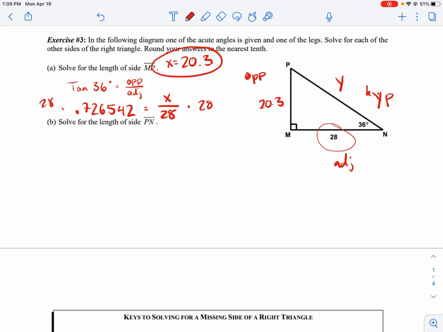Then we have to think about which trig function involves our adjacent and our hypotenuse? Well, that's the cosine.